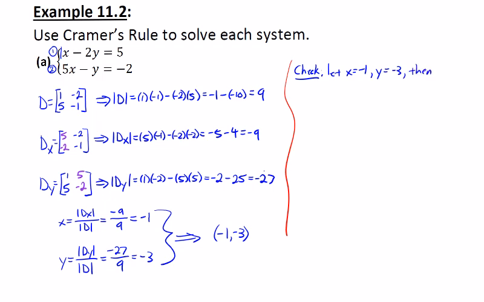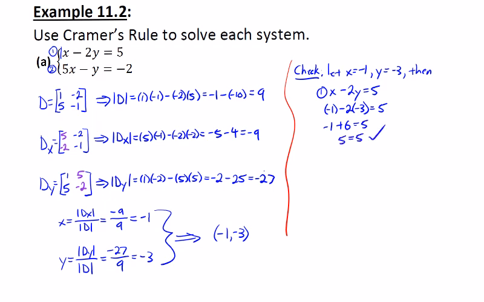Then I want to look at the first equation. X minus 2y equals 5, which is going to say -1 minus 2 times -3 is supposed to equal 5. So that would be -1 plus 6, and that's a true statement.